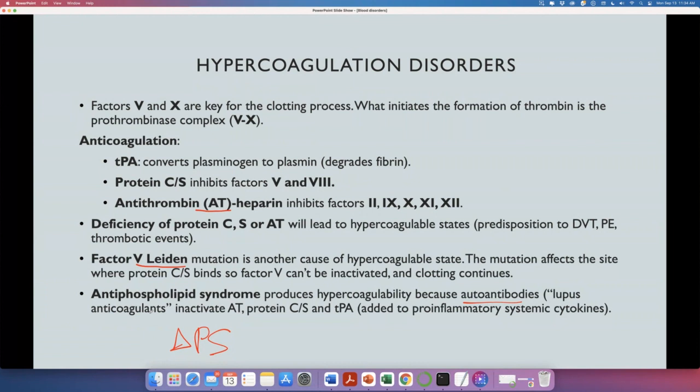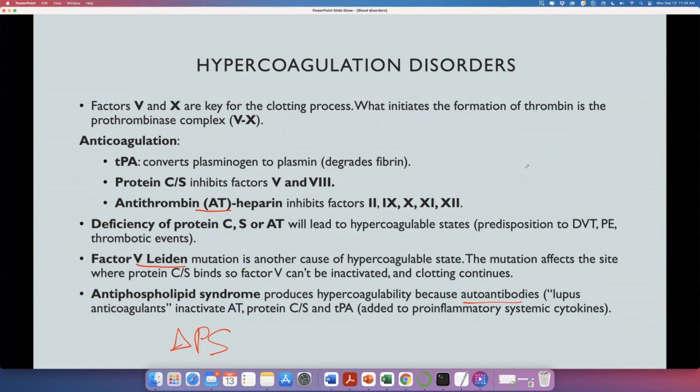To understand the hypercoagulability disorders, there are some important concepts about how we produce anticoagulation. We have to understand, for example, the function of factors 5 and 10, which are key in the clotting process.